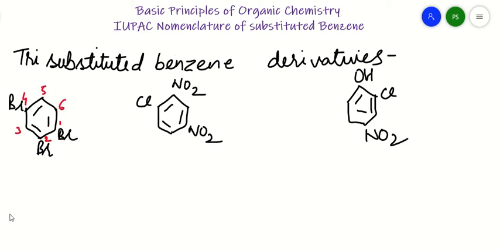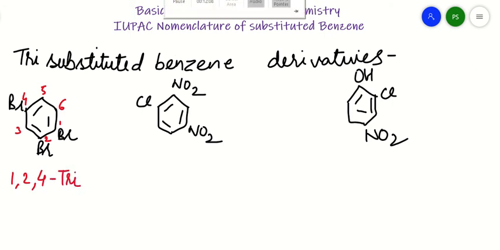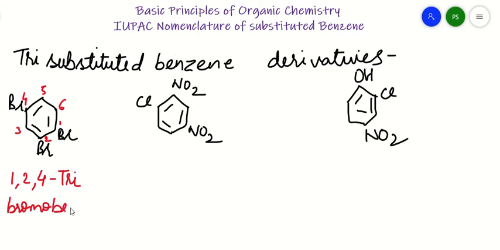The name of the compound would be 1,2,4-tribromobenzene. This is how we write the name of the compound.